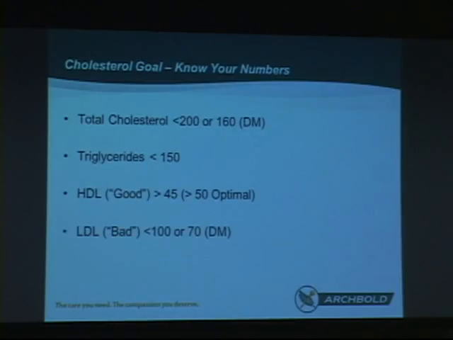The bad cholesterol, the LDL, the low density lipoprotein: less than 100, and if you have heart disease or diabetes, less than 70. These are your goals. So take charge of your health. Ask your doctor about your numbers, and now you have the numbers to follow, so you know what your goal is.